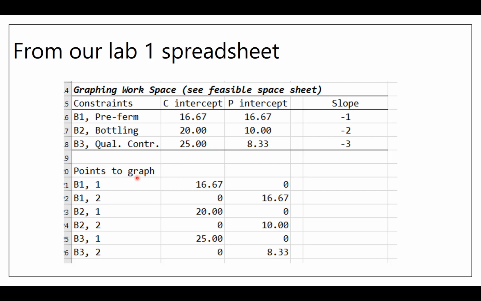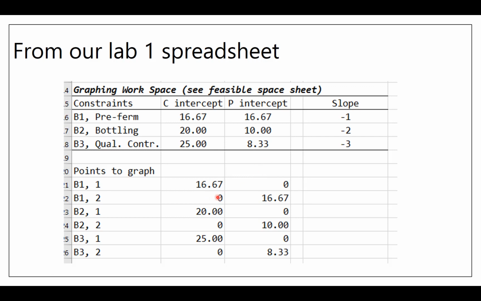And so then when you get to the points to be graphed, what you actually need is 16.67, the C-intercept needs to be paired up with a 0 for the P column. Okay, and so it's not written here, but this is my C column, and this is my P column.